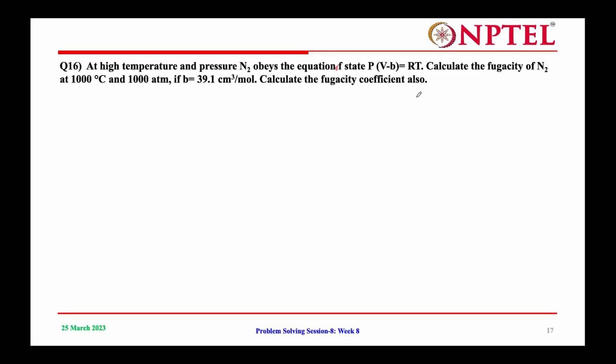Calculate the fugacity coefficient. So you have to calculate the fugacity and fugacity coefficient. This is the equation of state given. Please read the problem statement and tell some approach to solve. Take your time.